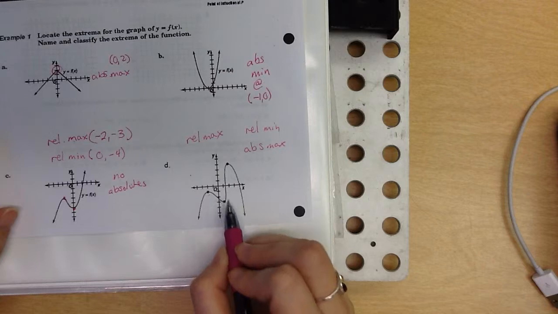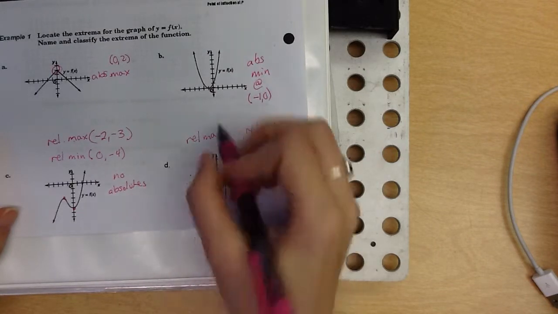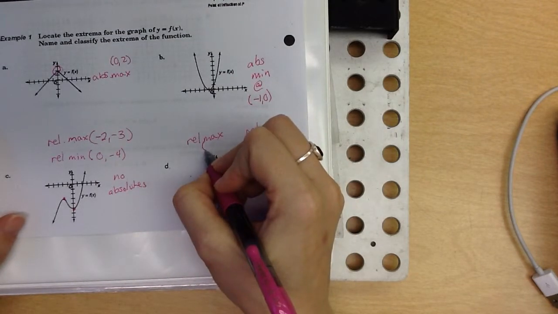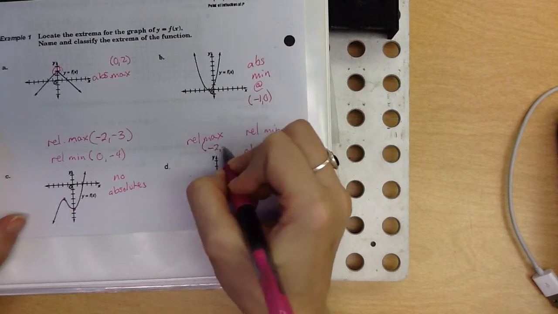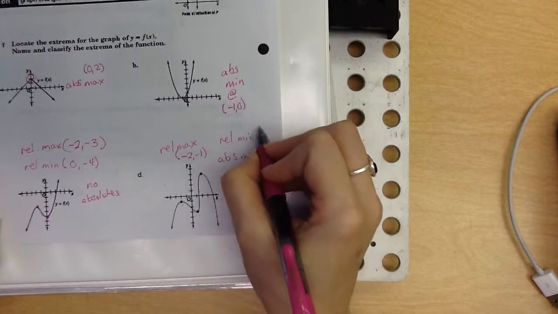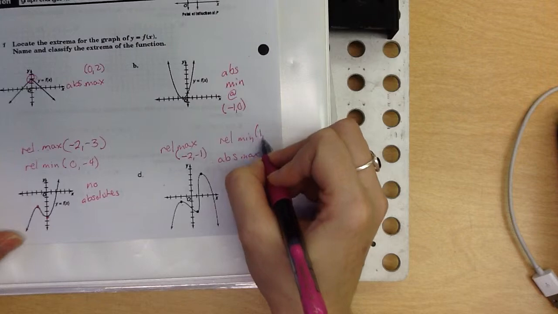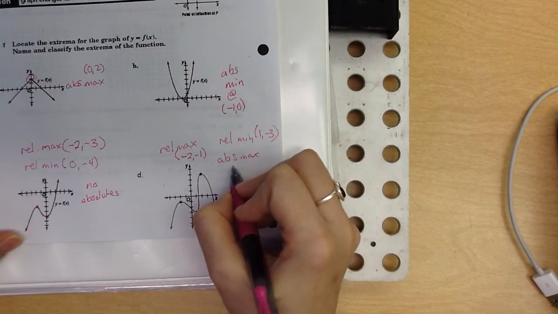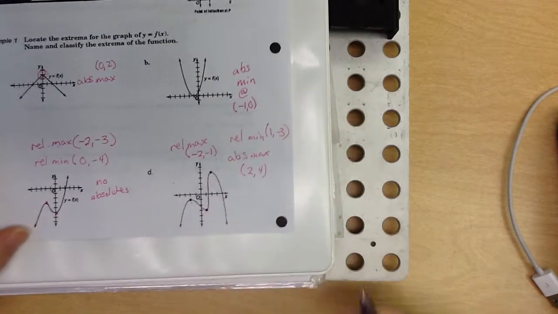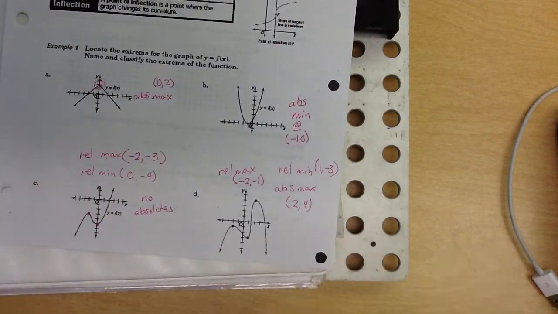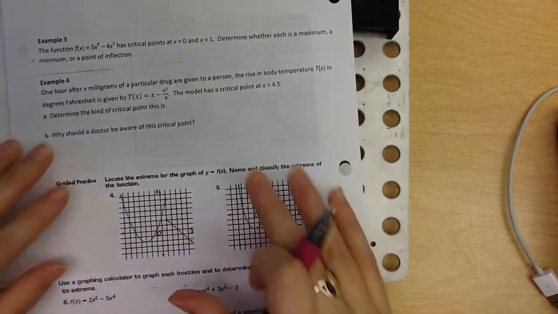Highest point in its neighborhood, lowest point in its neighborhood, highest point anywhere. The relative max is at -2, -1. The relative min is at 1, -3. And the absolute max is at 2, 4. It's probably more than half of what we're going to do.